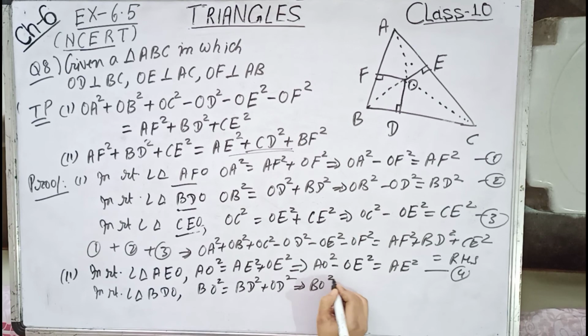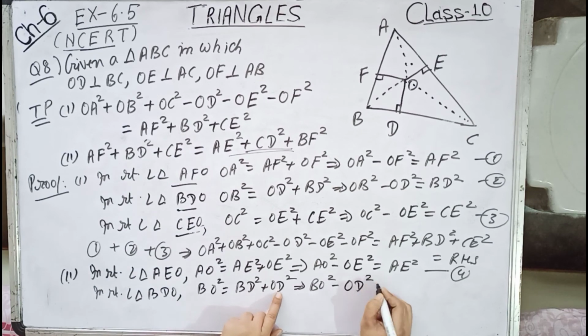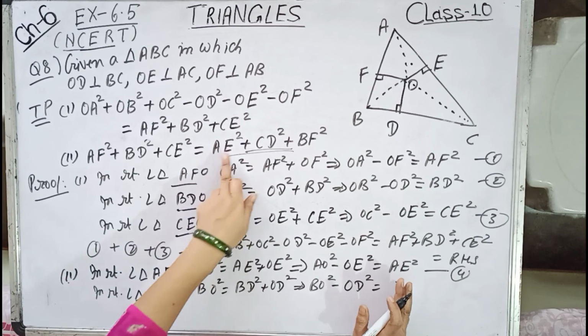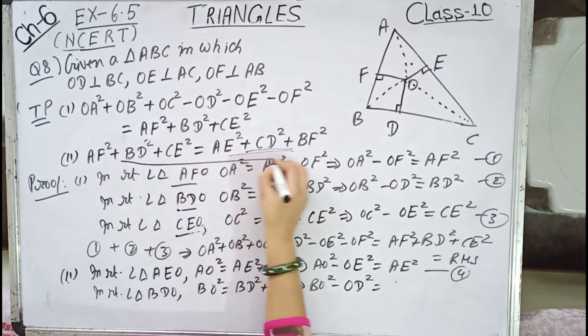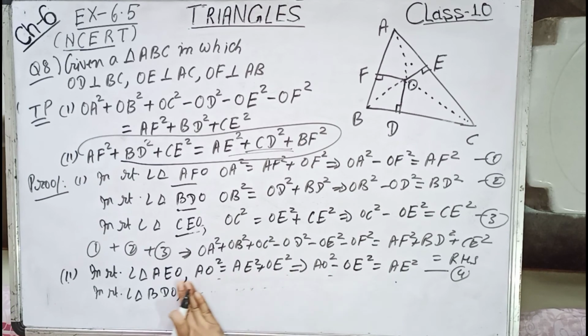This implies BO square minus, what we want, BD on the right side, minus OD square. Wait, something going wrong. I am very sorry children. This step you move.